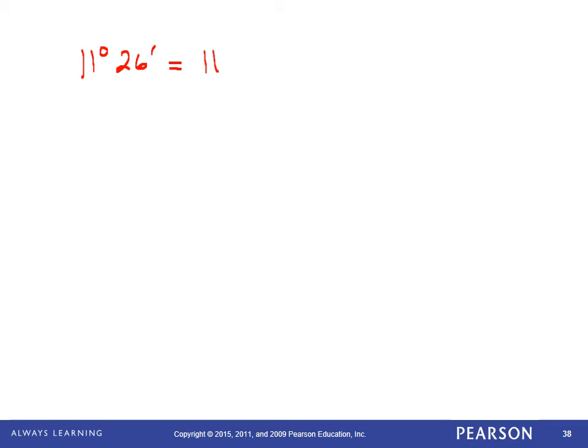So how about 11 degrees plus 26 over 60, right? Because that will give us a decimal approximation. And again, we have to use approximations here. If we do that, punch it in a calculator here, you'll wind up that it's approximately 11.433 degrees.